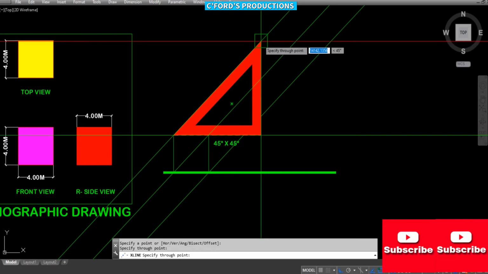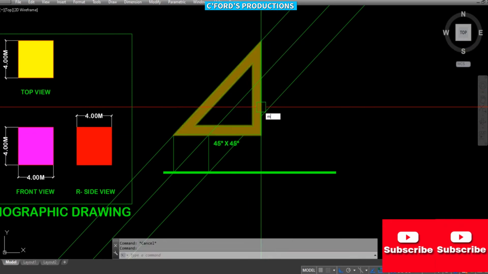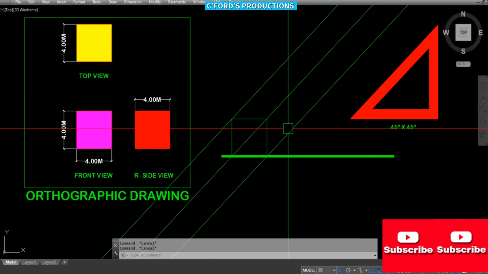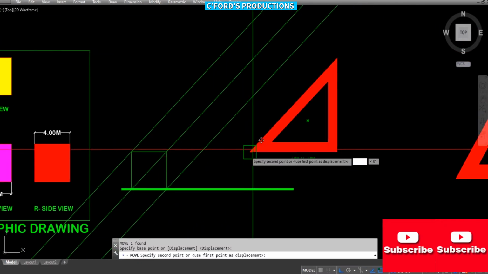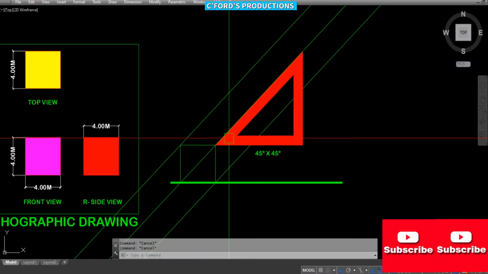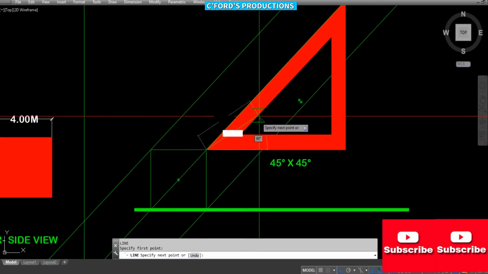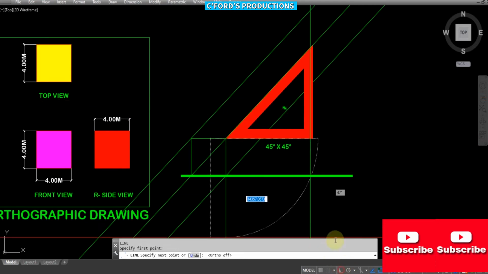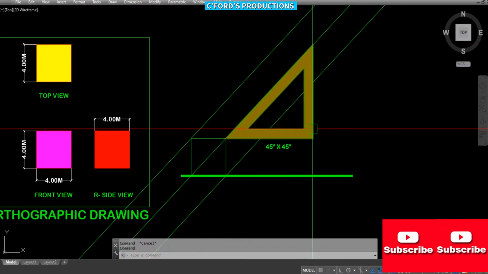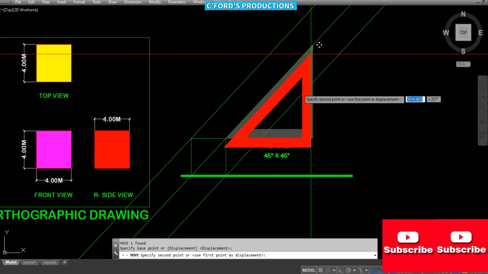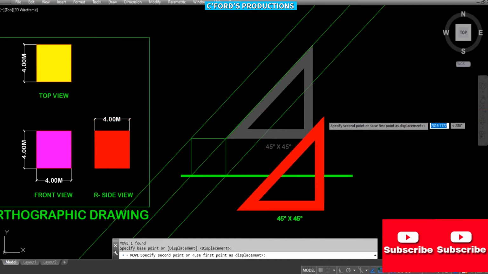Okay, next, we will put another line here, 4 meters. So 4 meters. Okay, let's project the 4 meters.